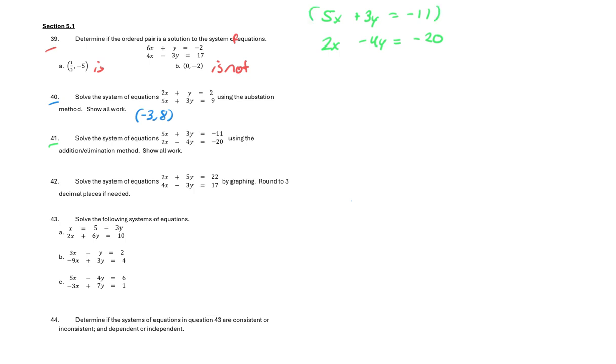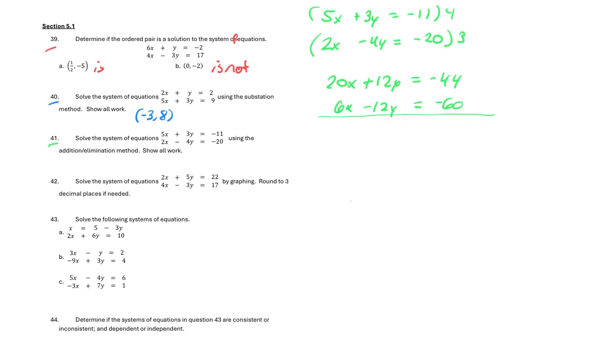So I'm going to find a common multiple by multiplying the top equation by 4 and the bottom equation by 3. So that'll give us 20x plus 12y is equal to -44. And we have 6x minus 12y is equal to -60.